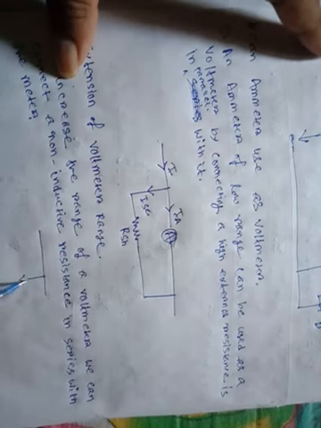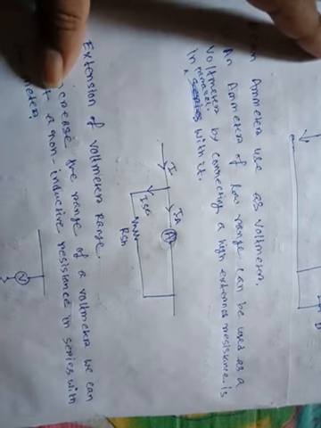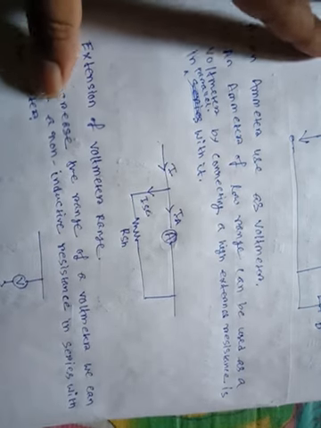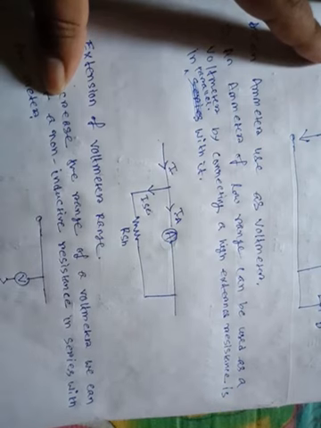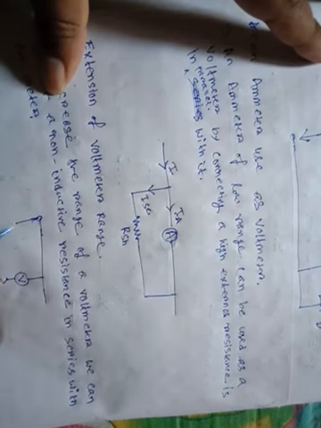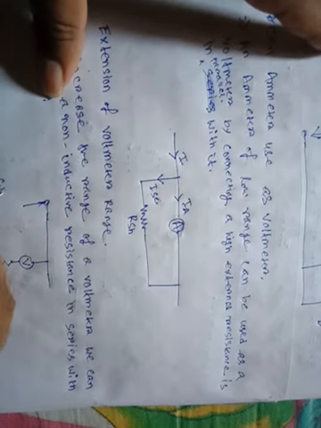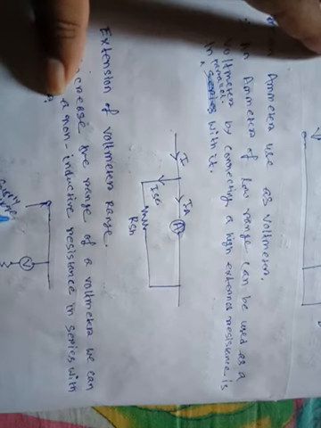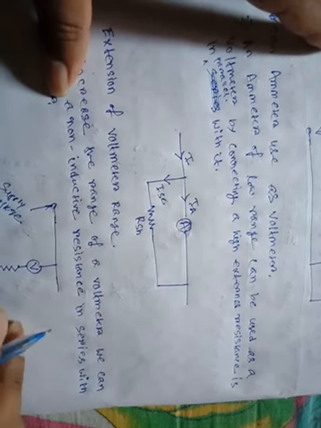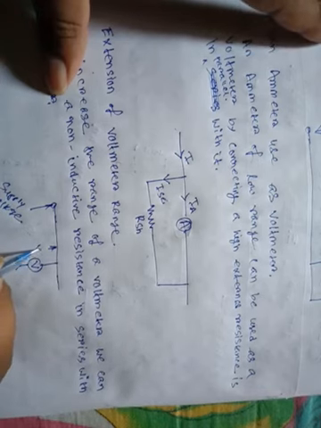Suppose here the voltmeter is connected with the series resistance. Here is the supply voltage and the voltmeter.